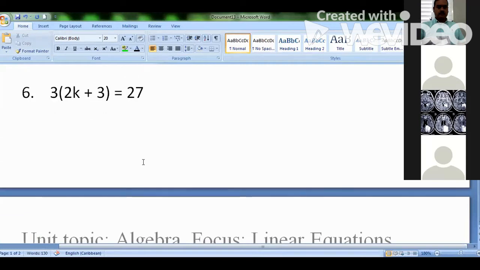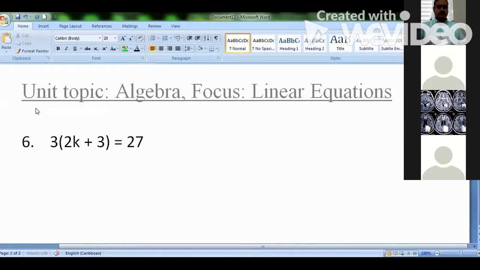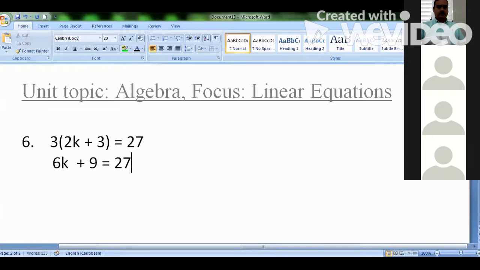It has brackets, not true? How do we solve questions with brackets? Which law are we going to use? It starts with D. Distributive law. We remove the brackets, not true? So what is 3 times 2k? 6k, not true? And what's 3 3s? 9. And then you have the 27.